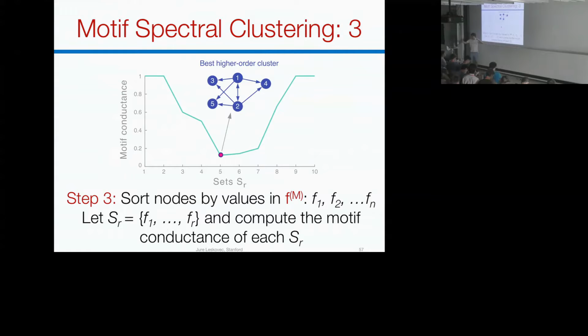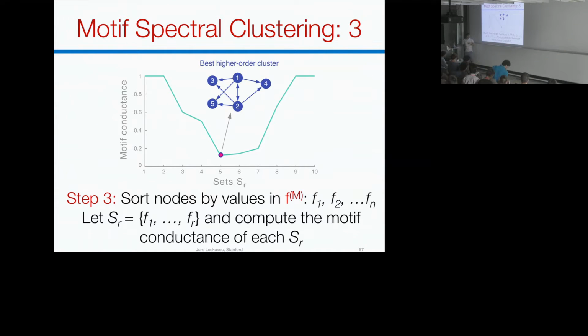Okay. Now that I have the nodes ordered, what I do is create these nested sets of increasing size. So I will say that there is this set S sub R, where it includes R nodes, and here I sorted them, let's say in increasing order, right? So these are the first R nodes in this ordering.